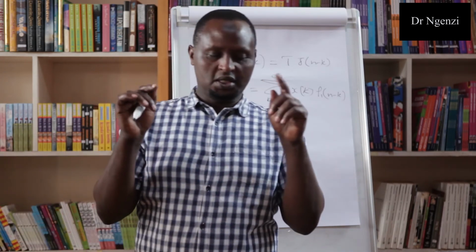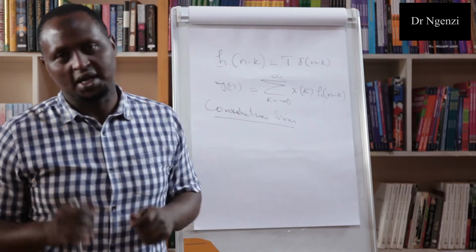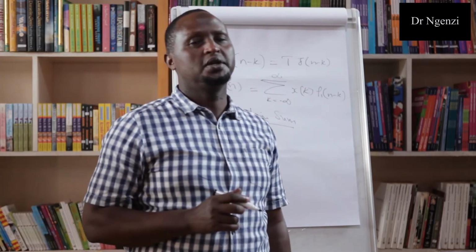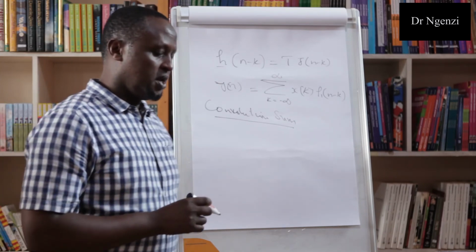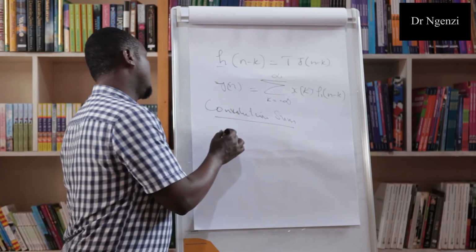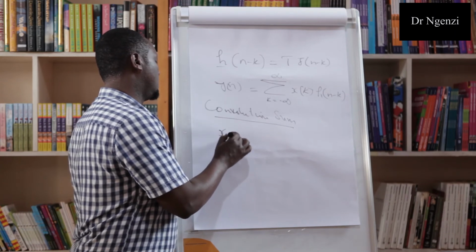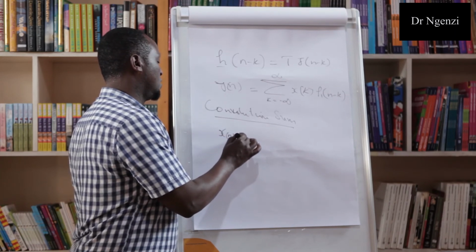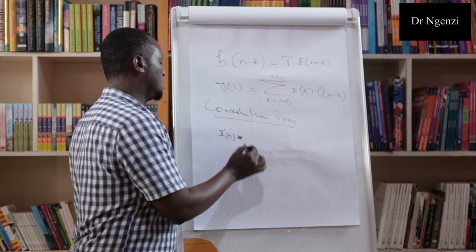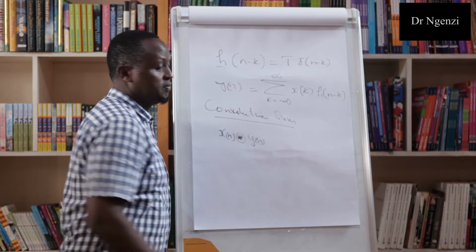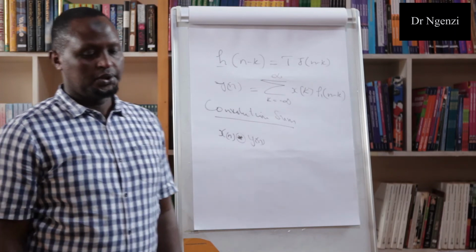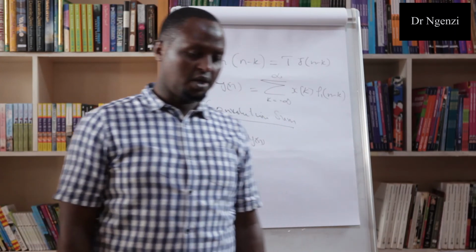You will not get surprised when you see all these stars that look like multiplication, but they mean convolution. So any value, for example, x of n convolved with y, for example, in a response, will look like this star. So this is a convolution, and there is what we call the convolution sum.